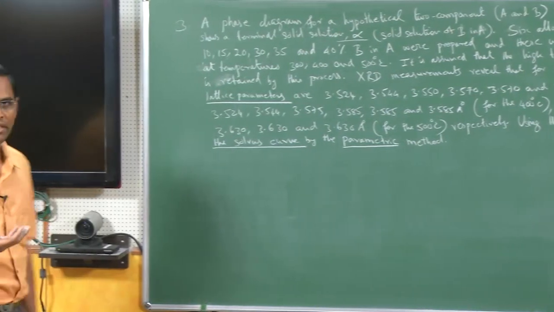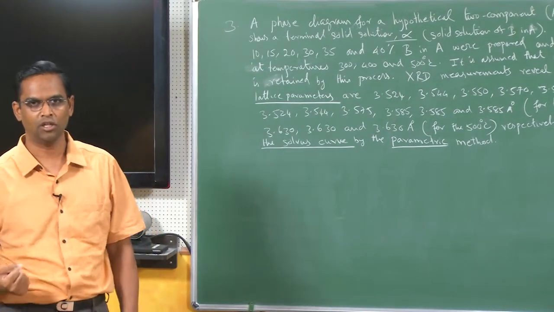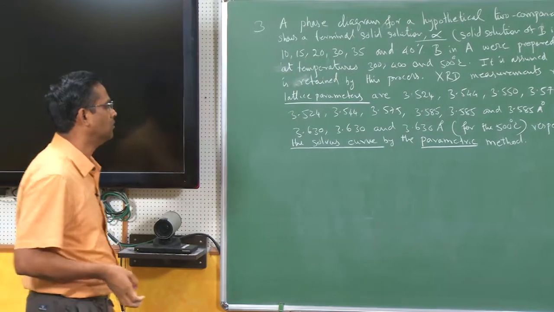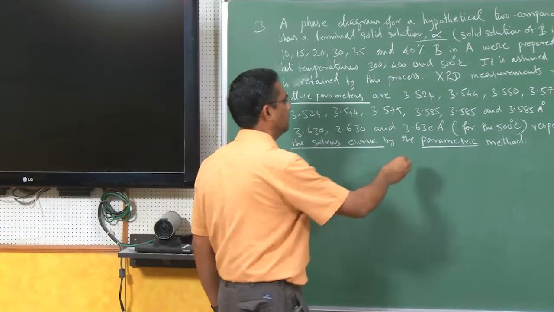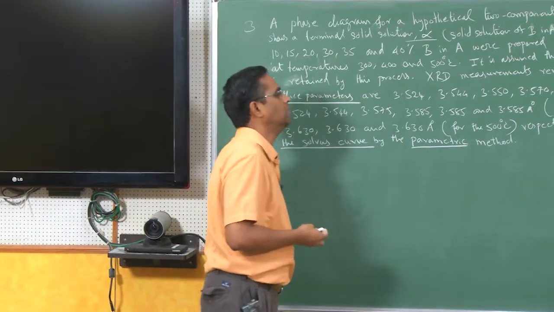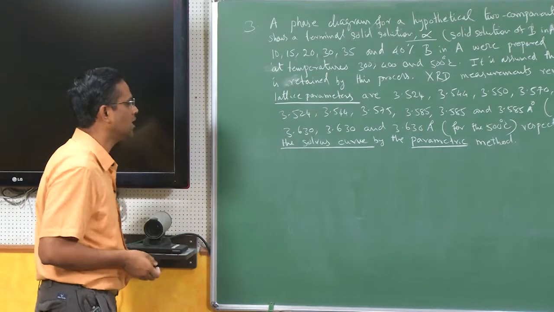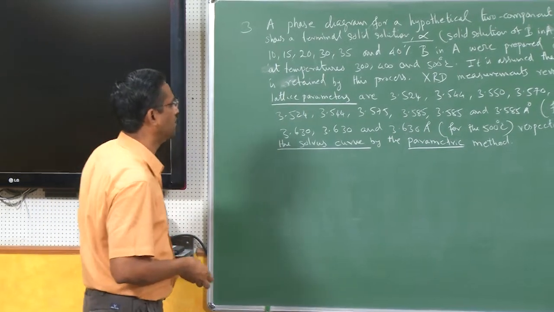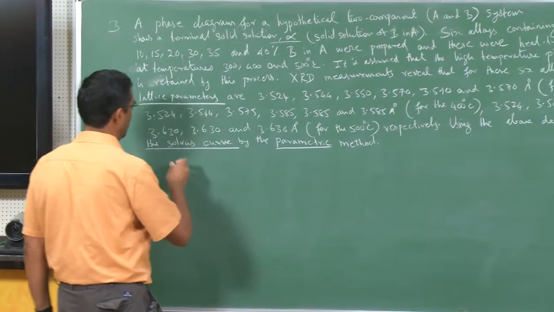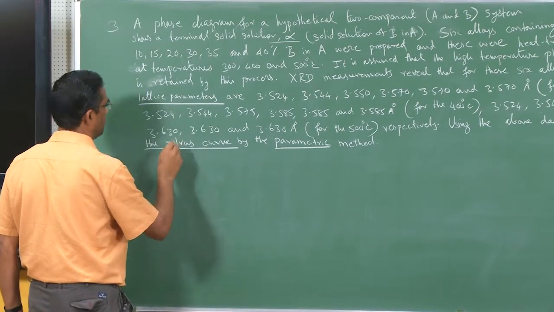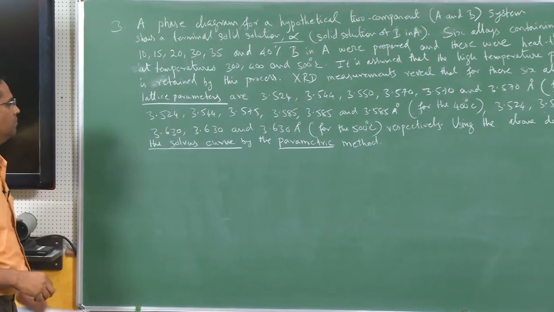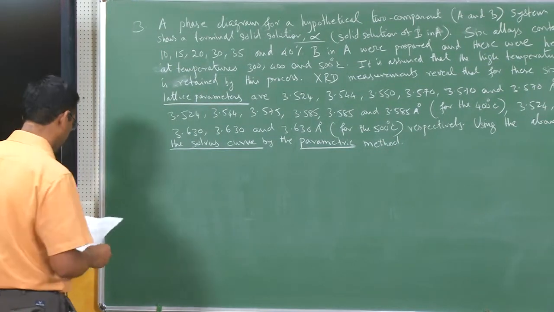You have seen in the lecture notes how the parametric method is useful. We will now use that method again to identify the solvus curve for the alloy.